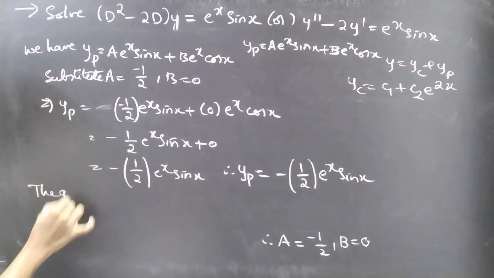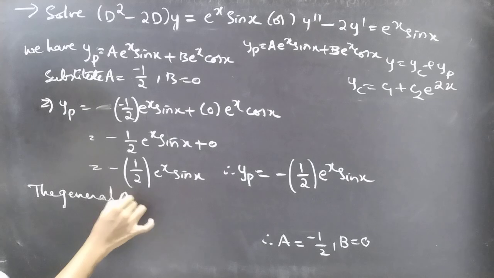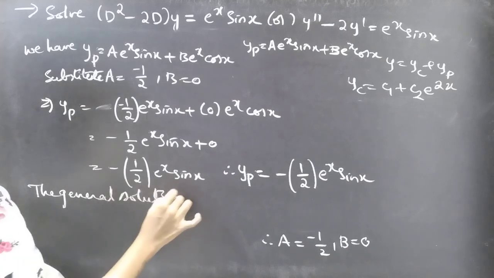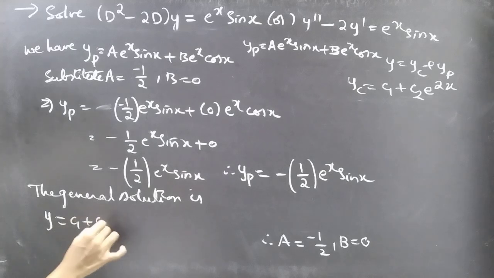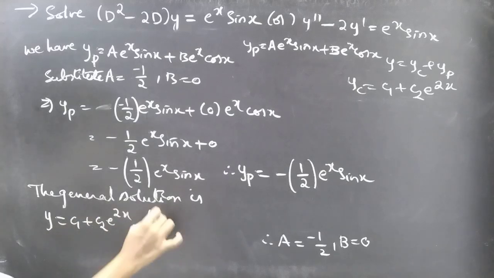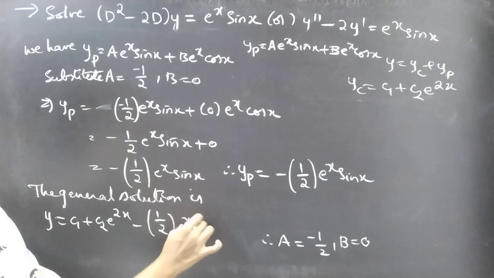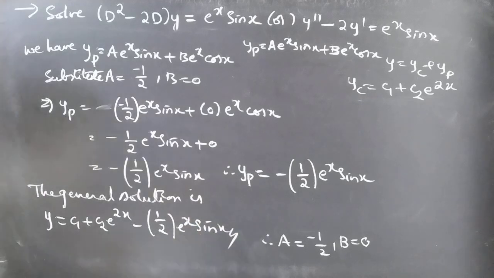The general solution is given by y equal to yc, c1 plus c2 e power 2x minus 1 by 2 into e power x sin x is the required solution.